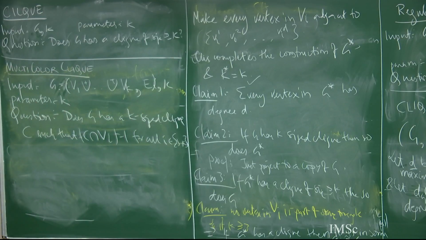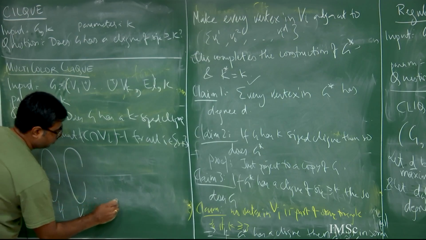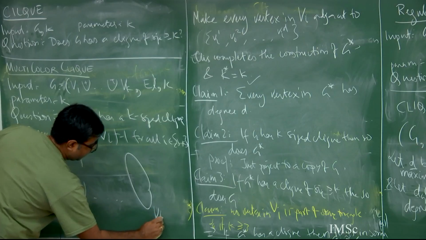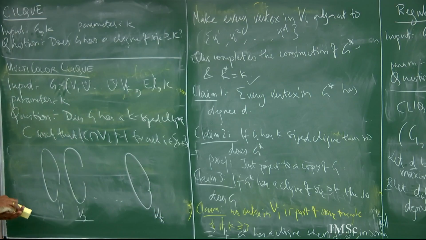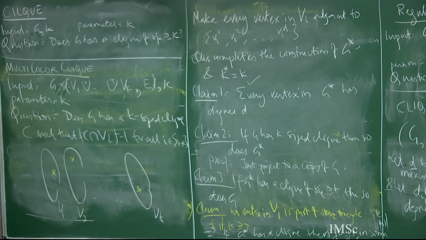So basically I can think of my graph as being partitioned into V1, V2, up to Vk, and what I am asking is, is there a clique containing exactly one vertex from each partition? Without loss of generality, I could also assume that each part is an independent set, because all I am interested in is a clique which consists of one vertex from each.